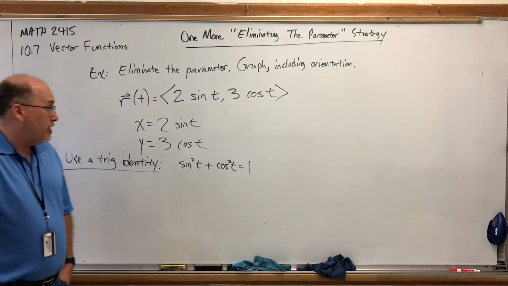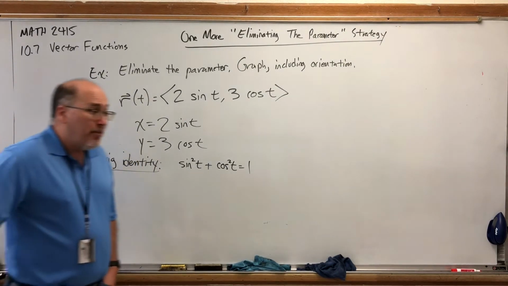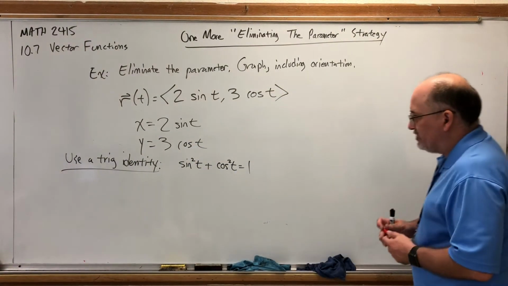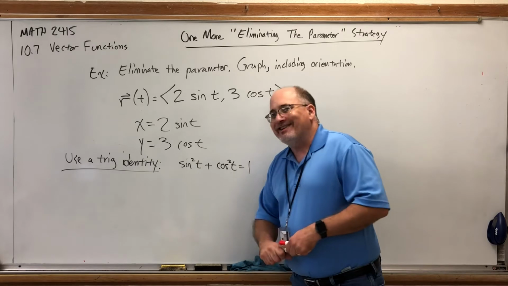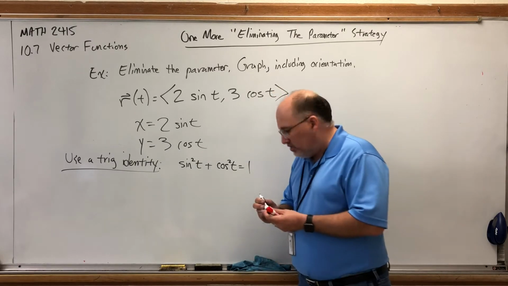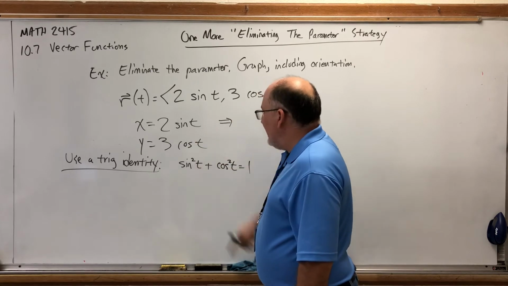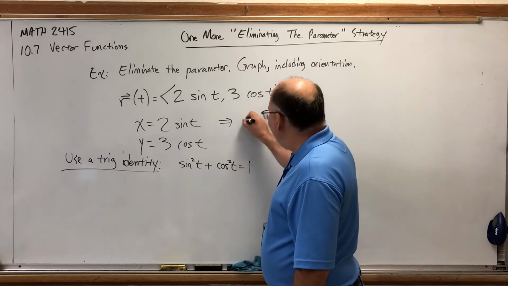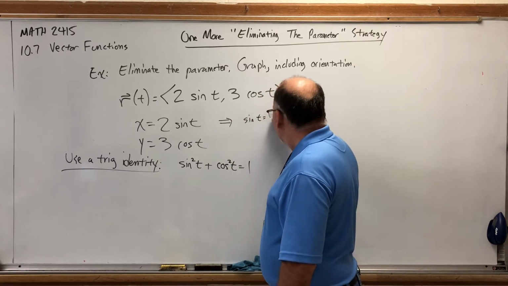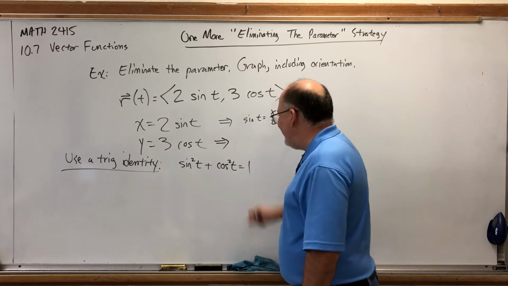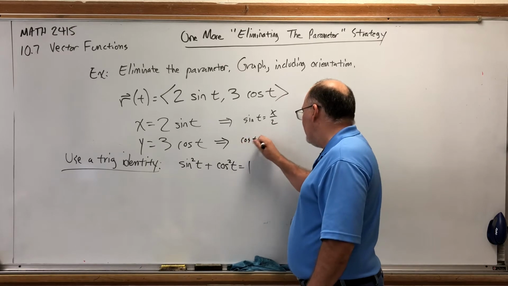Right now, neither parametric equation reads that, but it wouldn't be that hard to make them say sine equals and cosine equals. So find a trig identity that connects the trig functions, isolate the trig functions. So if x equals 2 sine t, then sine t is equal to x over 2. And similarly, if y equals 3 cosine t, then cosine t is equal to y over 3.